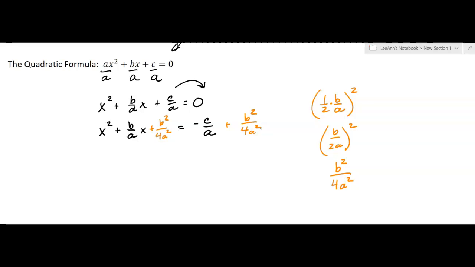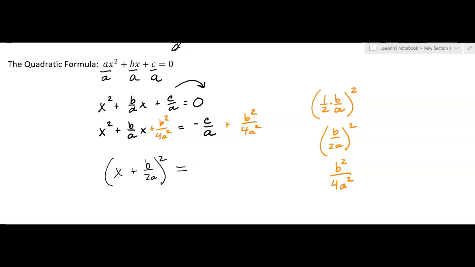Okay, so now we have on the left a perfect trinomial square. So x plus b over 2a squared equals, and now I'll have to get common denominators.